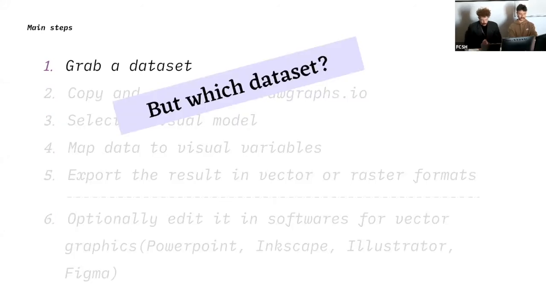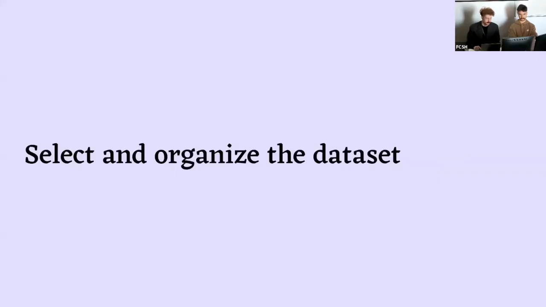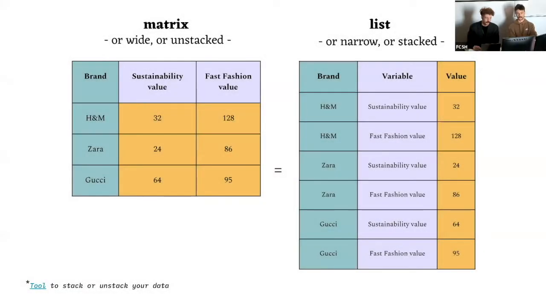But, okay, you need to grab a dataset, but which dataset? It's important to point out the fact that you have to select and organize the right dataset. So, first of all, you need to know the difference between the matrix dataset, also known as wide or unstacked, and the list dataset, narrow or stacked.